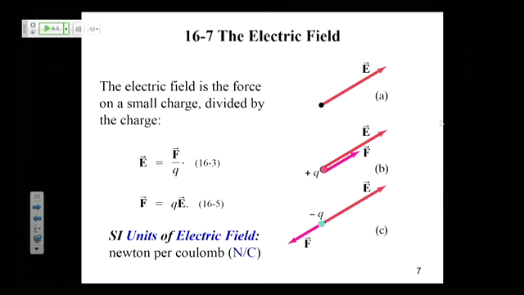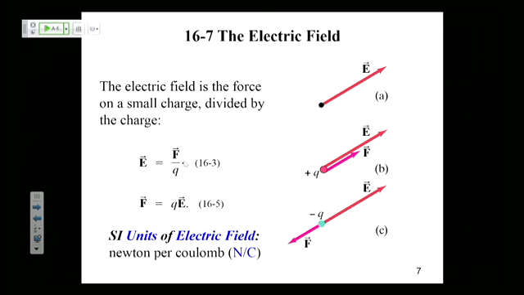We define an electric field by this equation, E equals F divided by q. So it is simply the force per unit charge.